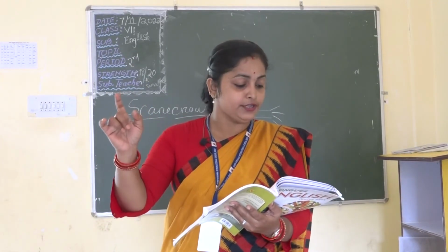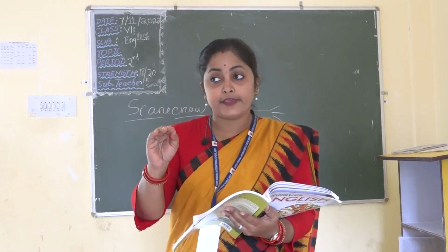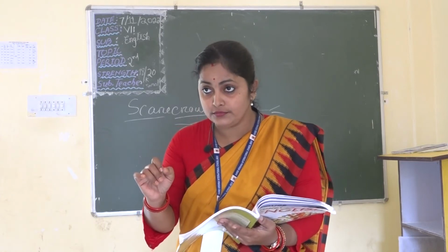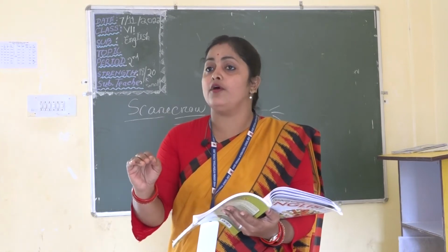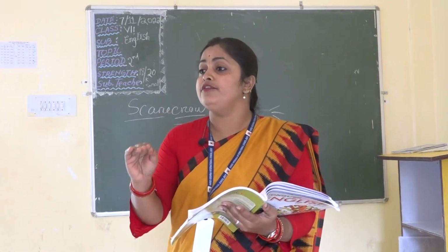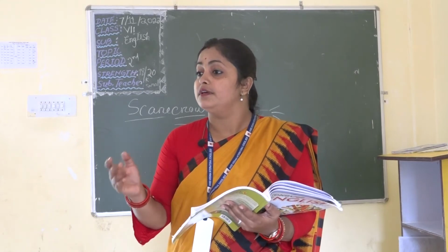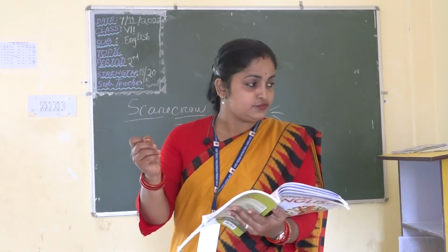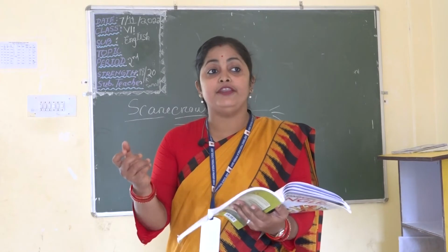Okay, all winter though I bow my head. So all the winter the scarecrow is bowing his head down. Okay, beneath the driving rain, driving rain means heavy rain, it is raining very forcefully.